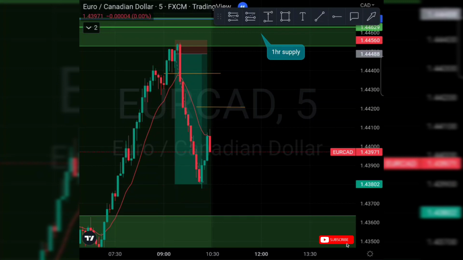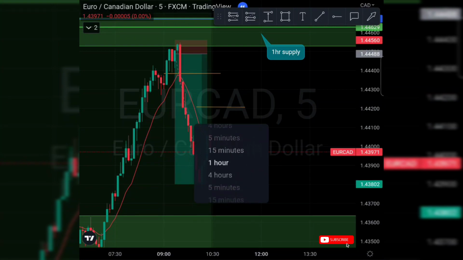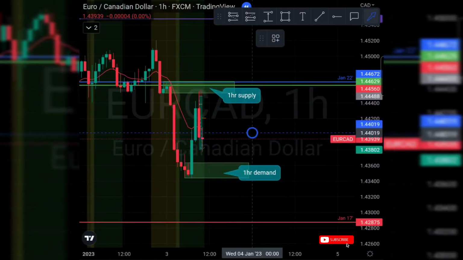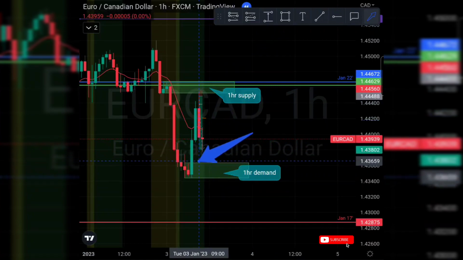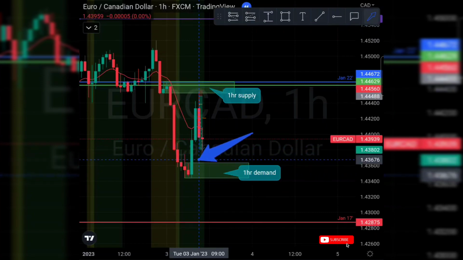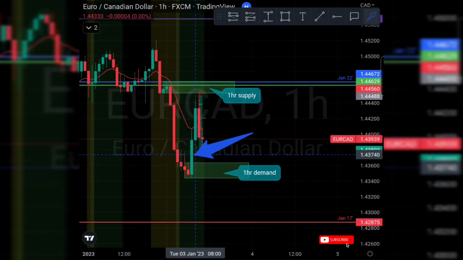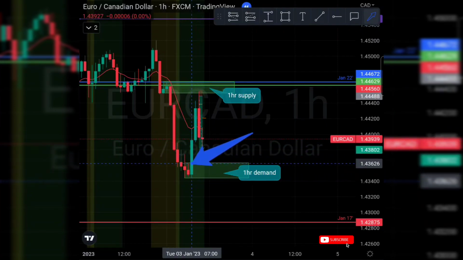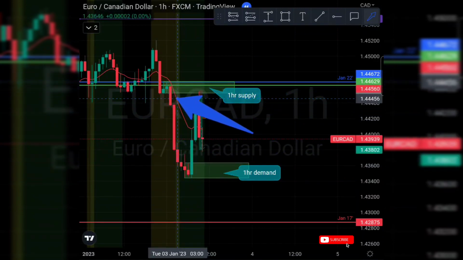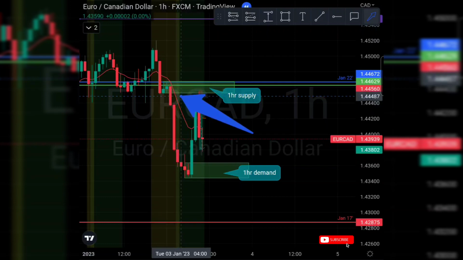Very, very key. So I just want to show you guys this again because it could kind of be hard to see, right? So again, we have a 1 hour demand. Price never comes back and fills in this gap that price left when it started this aggressive buying, right? And then we have this supply, this aggressive selling, left this gap right here. Price never pulled back.